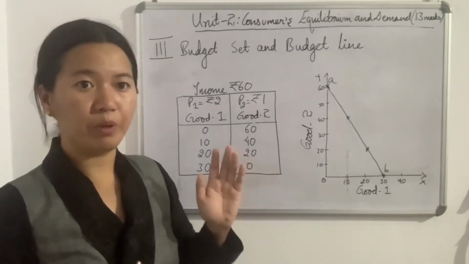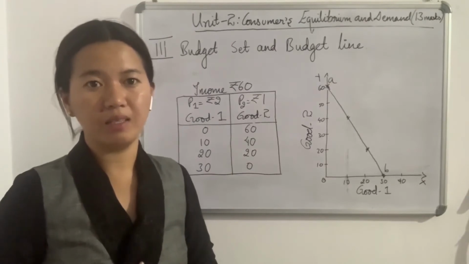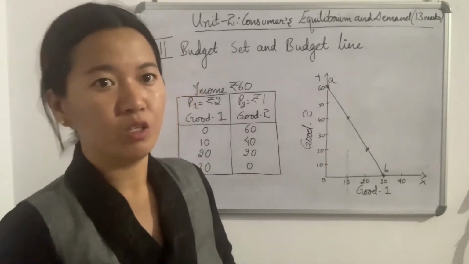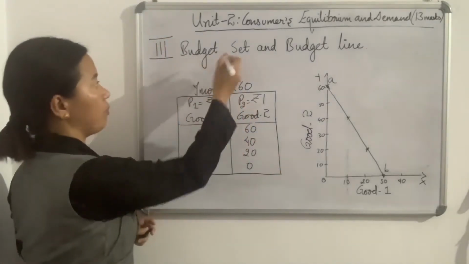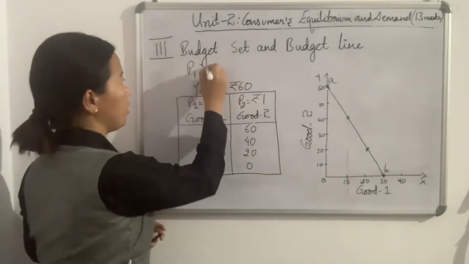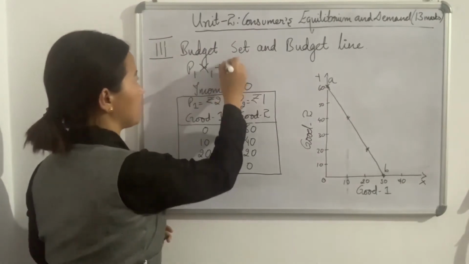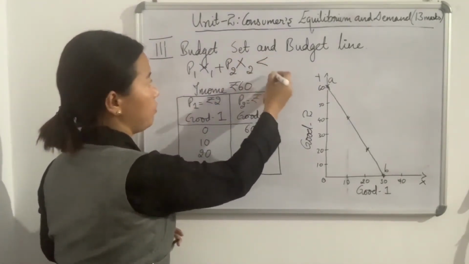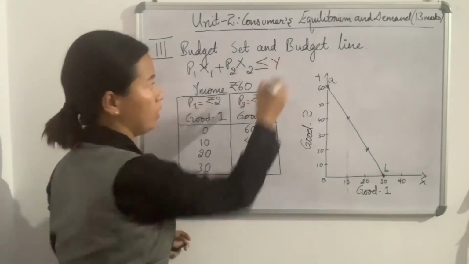And when we talk about the budget line, it is when your actual expenditure is equal to your income. So the given equation for the budget set is p1 x1 plus p2 x2, which can either be less than or equal to your income.